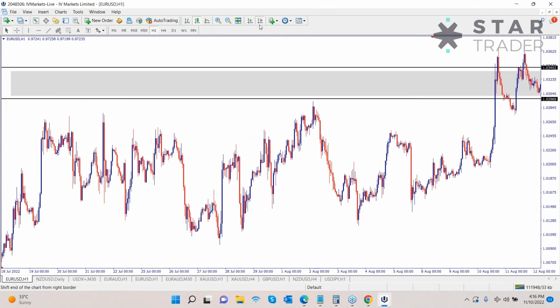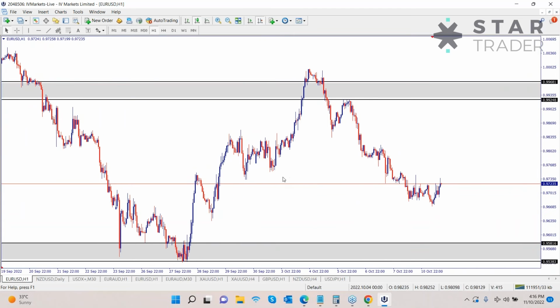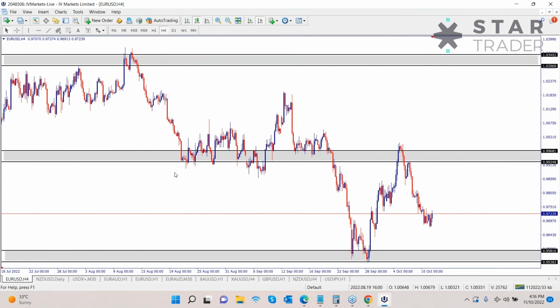Because when you see the lower time frame, now as you can see over here, this is the support and this is the resistance. Okay, so the market came to make another support area and went back to another resistance area. It was rejected from resistance and then it is going to the support. Okay, so this is how we make our support and resistance in the market.